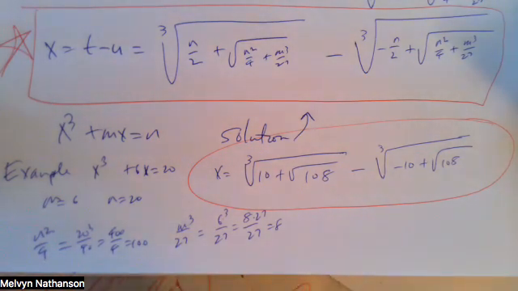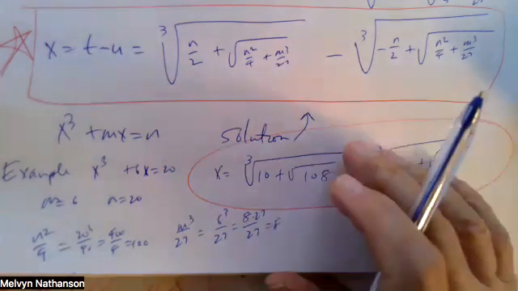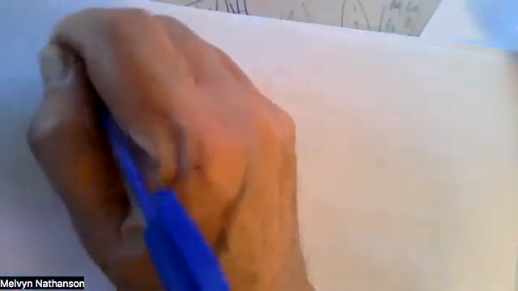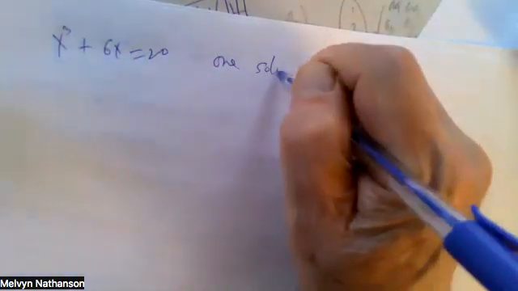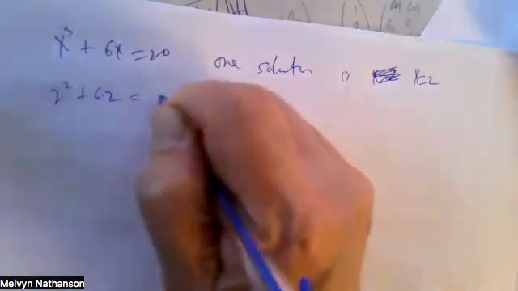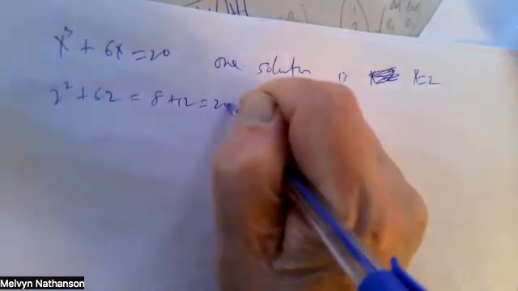Now you might say the following. Let's see, there's something a little bit puzzling about this. So remember, when we looked at the equation x cubed plus 6x equal 20, one solution is x equal 2, because 2 cubed plus 6 times 2 is 8 plus 12 is 20.